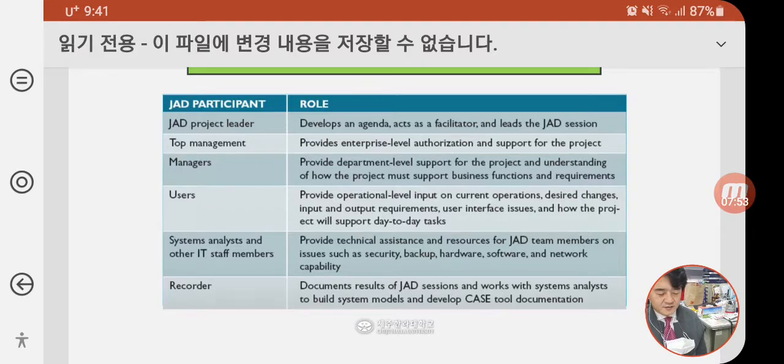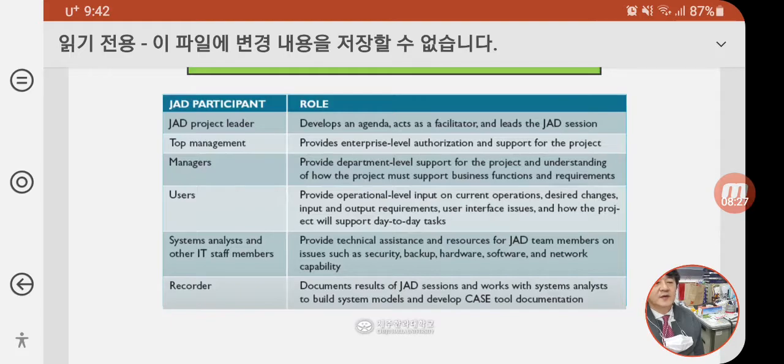Please take a closer look at the picture and reflect on its overall meaning. The JAD project leader develops an agenda, acts as a facilitator, and leads the JAD sessions. Top management provides enterprise-level authorization and support for the project.